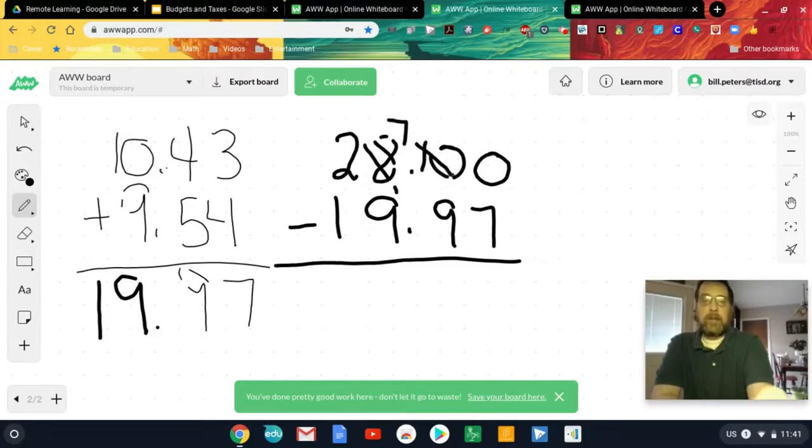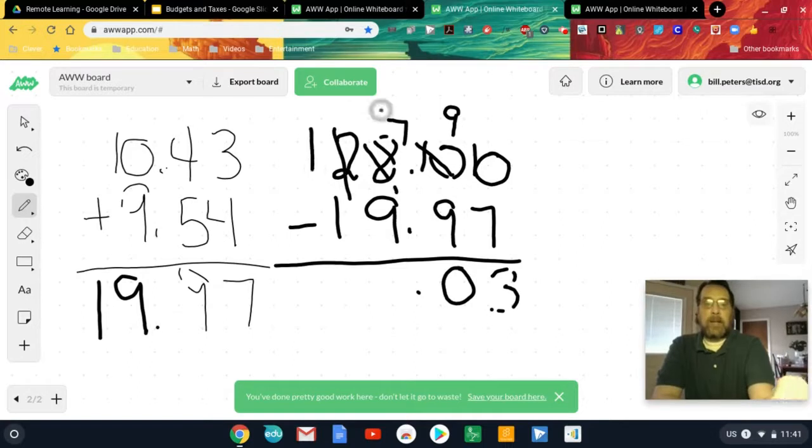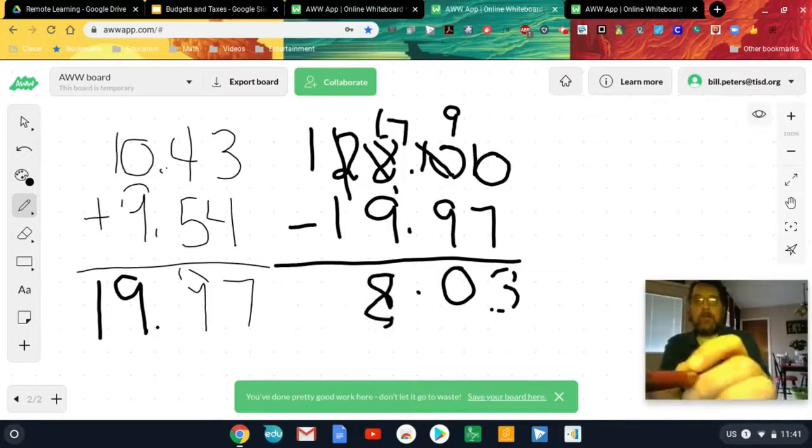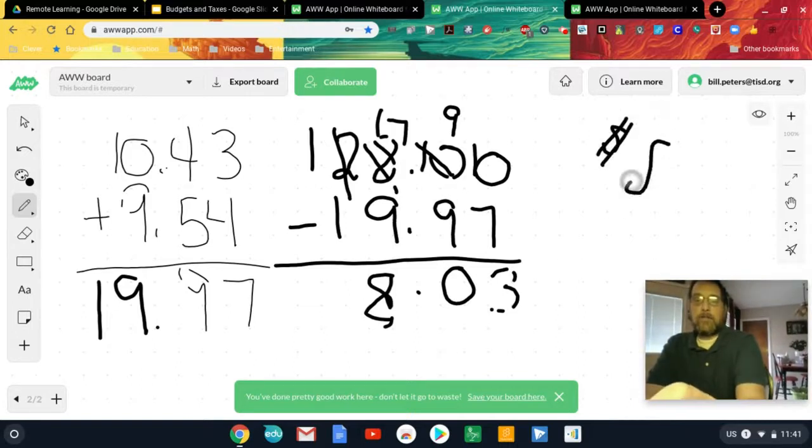This becomes a 10, and then a 9, and then a 10. 10 minus 7 is 3. 9 minus 9 is 0. I cannot subtract 7 minus 9. So I borrow again. 17 minus 9 is 8. So therefore, I will save $8.03.